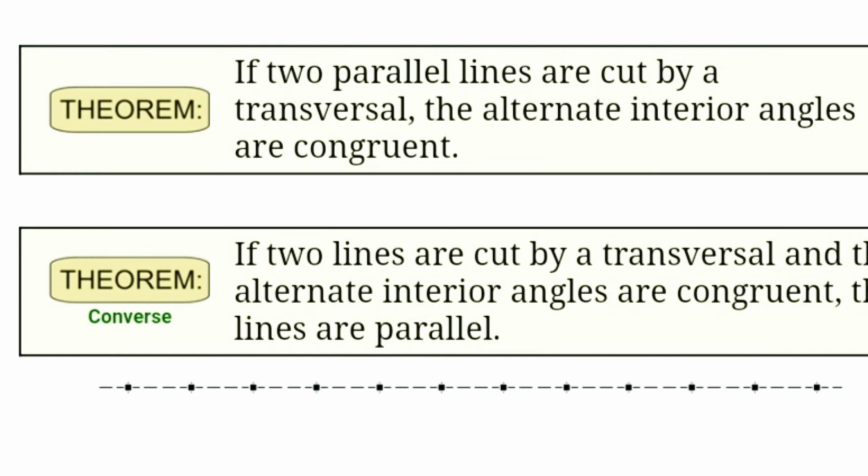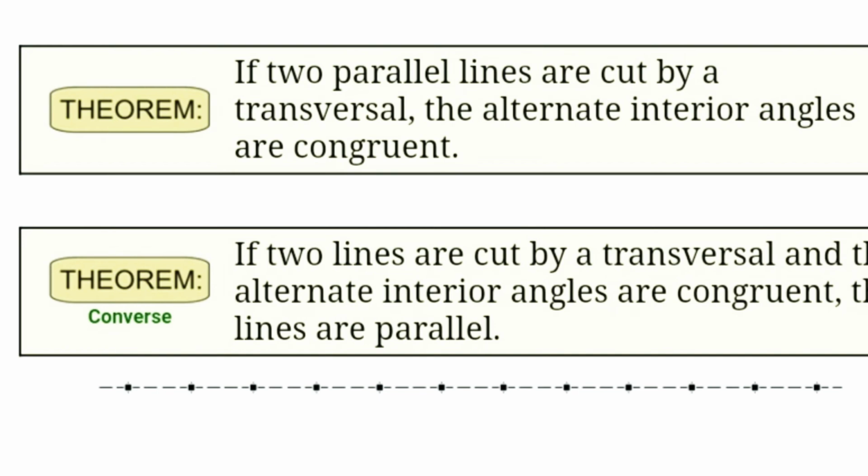The first theorem states: if two parallel lines are cut by a transversal, the alternate interior angles are congruent. Congruent means equal, right? You should also remember the converse of these theorems. The converse of the first theorem is: if two lines are cut by a transversal and the alternate interior angles are congruent, the lines are parallel.